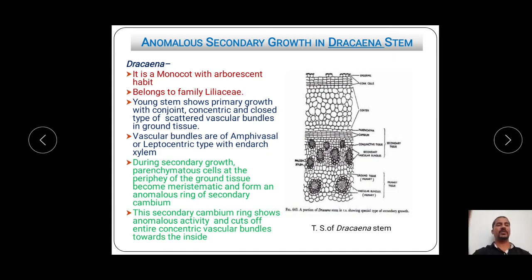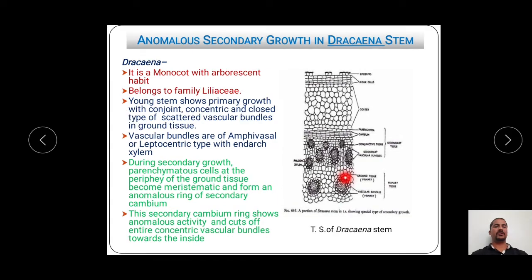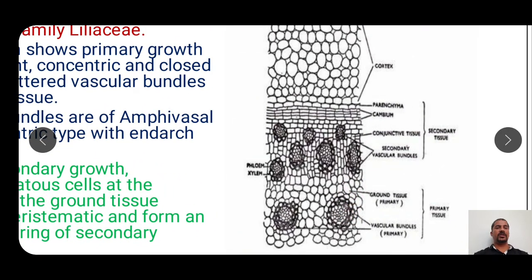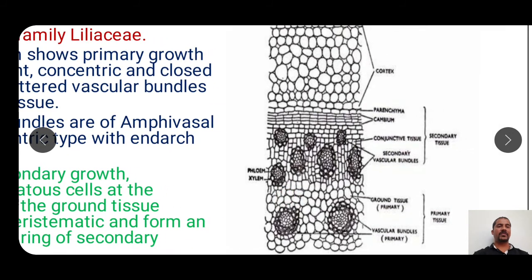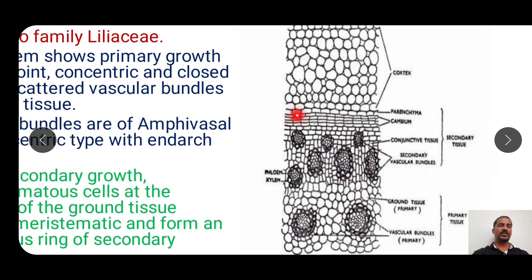In this diagram, you can see here, these are the primary vascular bundles which are present in the ground tissue. Then the secondary vascular bundles are produced by this cambium.